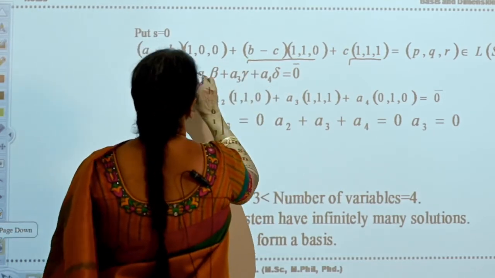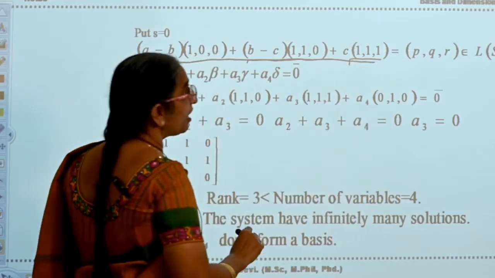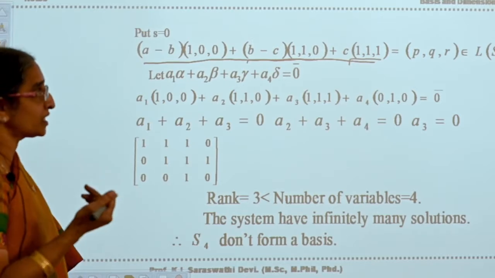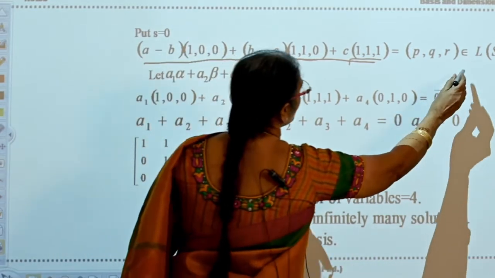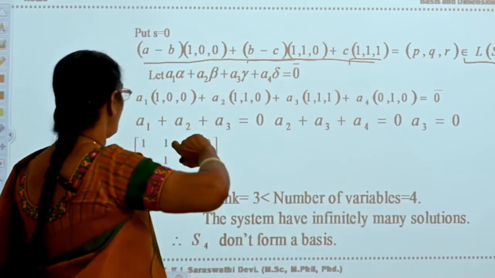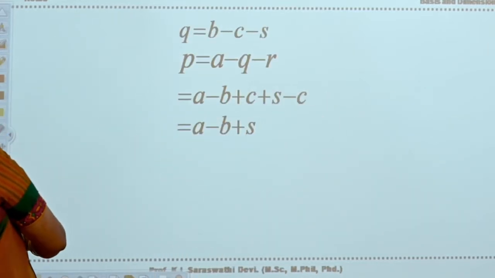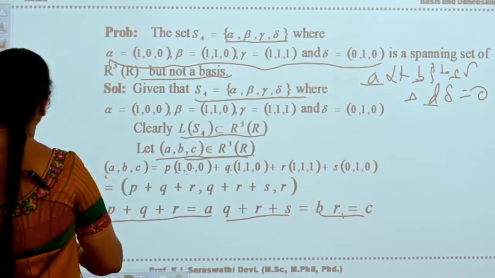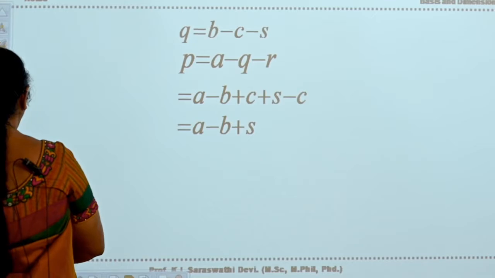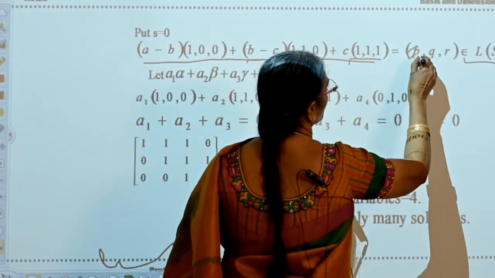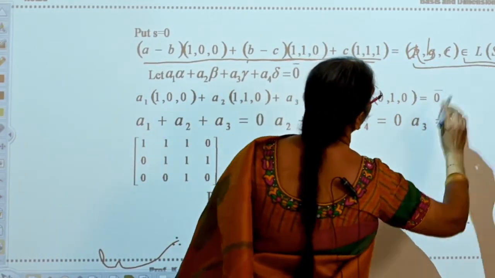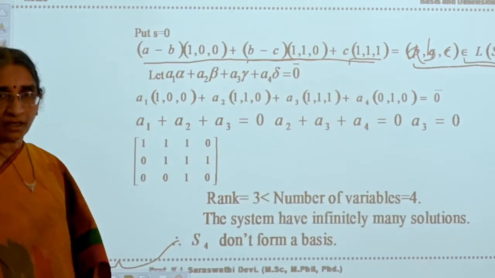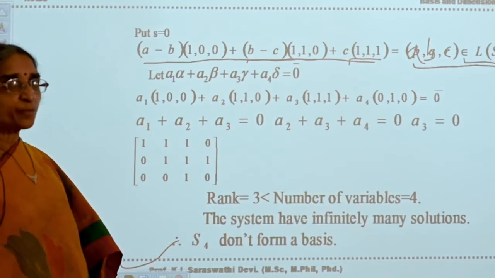This is a linear combination of the elements of S4, therefore it belongs to L(S4). Where you have taken (a, b, c) in R3(R), you got it in L(S4). Therefore L(S4) = R3(R), and therefore S4 is the spanning set.